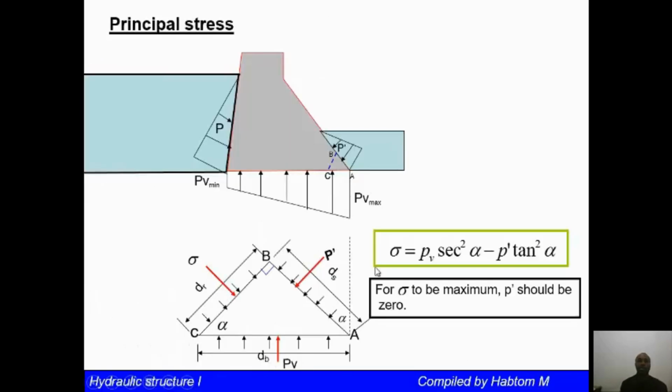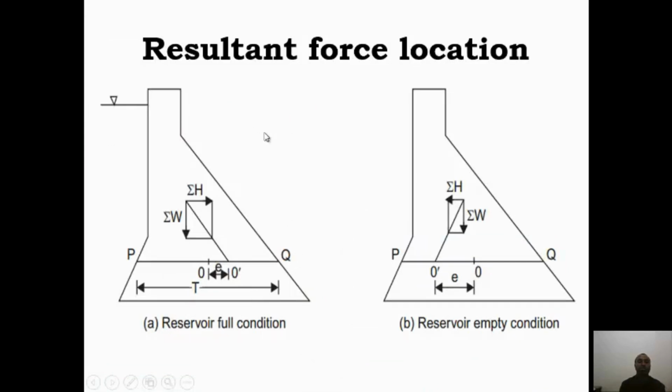For principal stress you can also have this triangular portion, then the stress distribution, then you can see the resultant, and then you can find the above equations. So the resultant force equation for reservoir full condition: most of the time the resultant is to the downstream of the centroid, but for reservoir empty condition it is to the left, in the upstream direction.